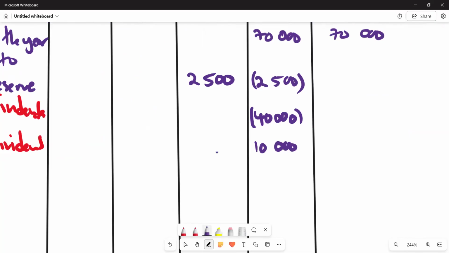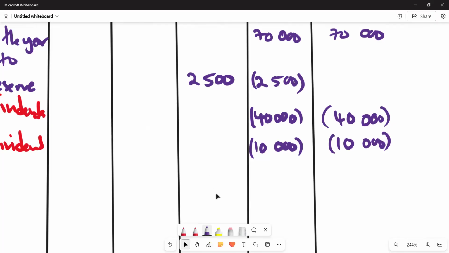So likewise, we are also subtracting. So when we subtract from our retained earnings on the total part also, we are going to show it as a negative again, 40,000 for our preference, then 10,000 for our ordinary.